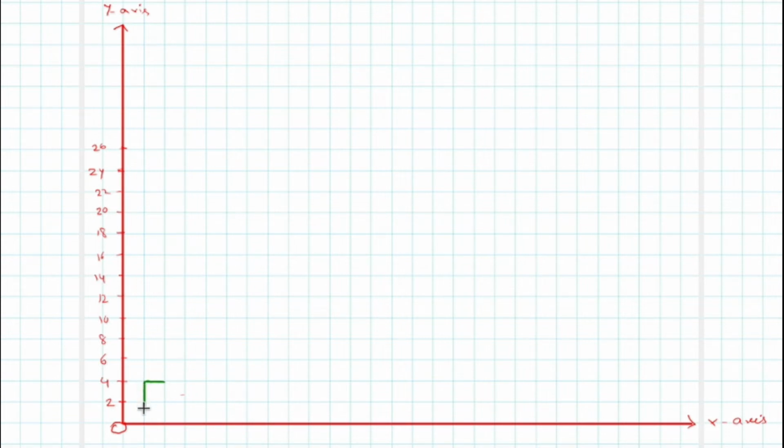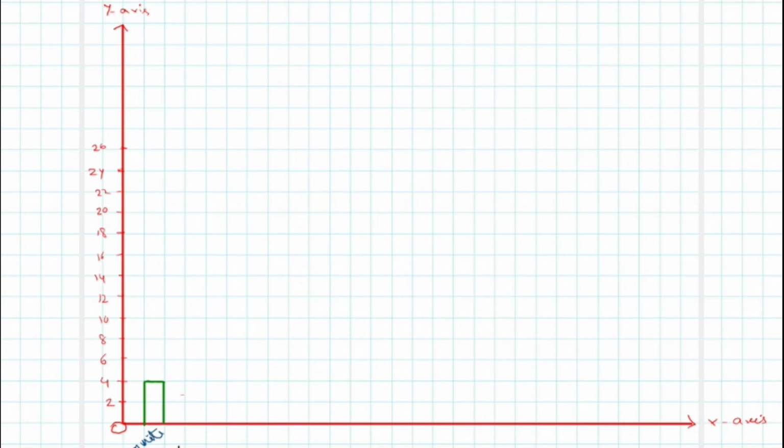Use your scale to draw the bars, so it will look neat and clean and accurate. And this is our marmite, and here we will name it as marmite.